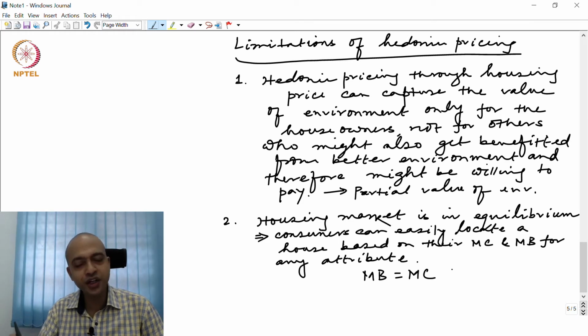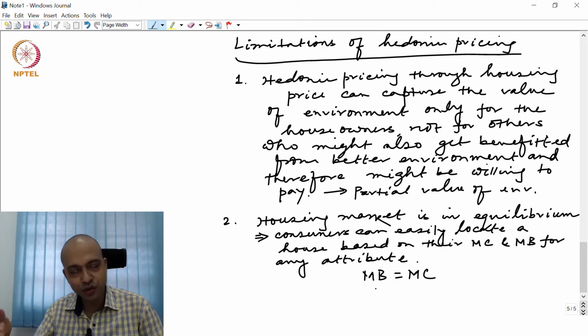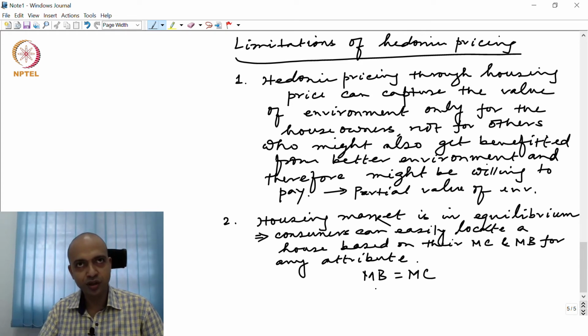If it is air quality, then marginal benefit and marginal cost mean: what is the additional price I need to pay for air quality? That is also the assumption we make in hedonic pricing, that the housing market is always in equilibrium.